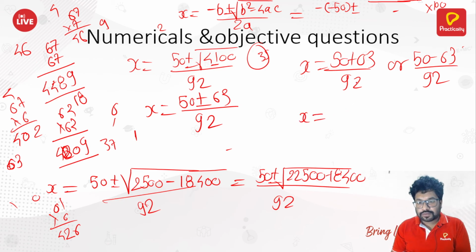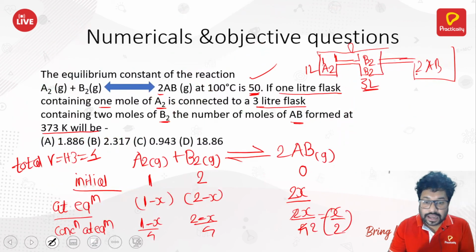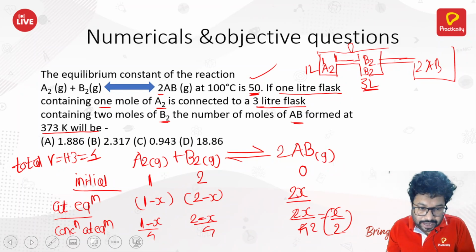So 50 plus 63 is 113 divided by 92. Now that is more than 1, right? And that can be the x. x can be more than 1, right? So 50 minus 63 is minus 13 divided by 92. So that is somewhere around what x is all about.